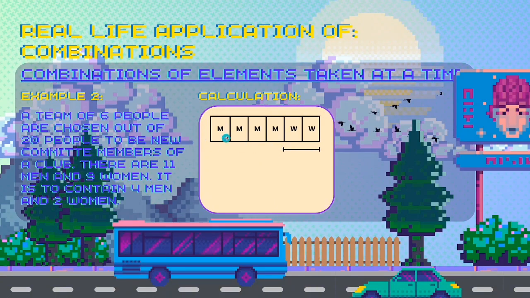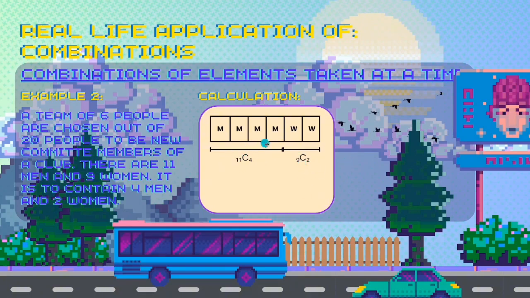So as you can see, there are 4 boxes for men and 2 more boxes for women. So if we put it this way, where 11C4 equals 11 men and 4 men that will be chosen to be committee members, and on the other hand, 9 women will be put in 9 over here, and 2 women will be put inside here.